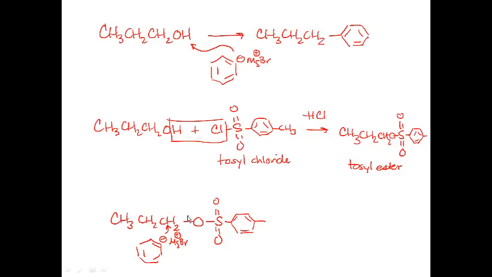And then what would happen is this entire group would leave, so that I would add my benzene ring onto my propyl chain, and I would get that as my leaving group.